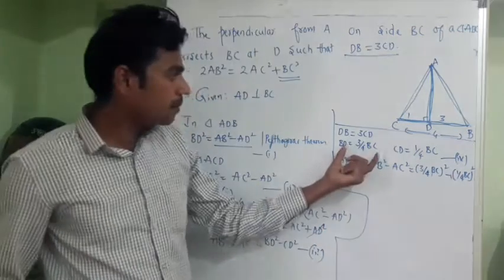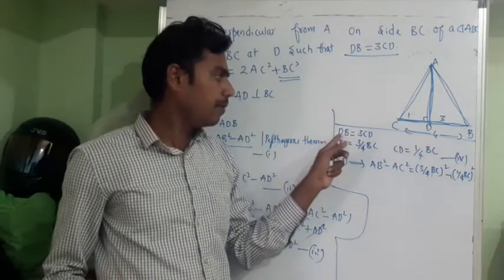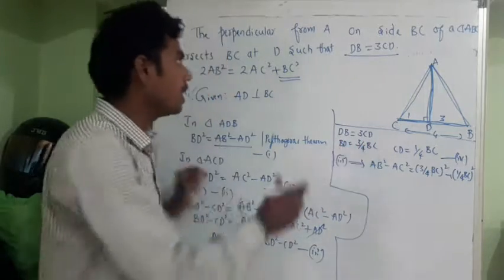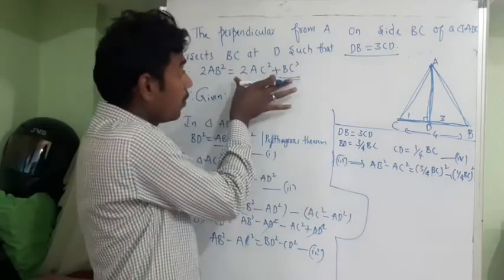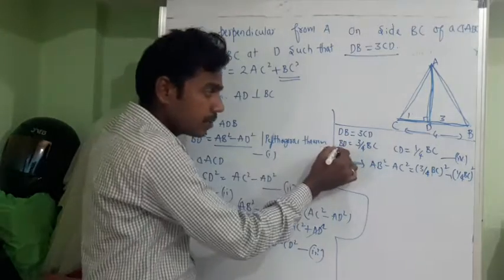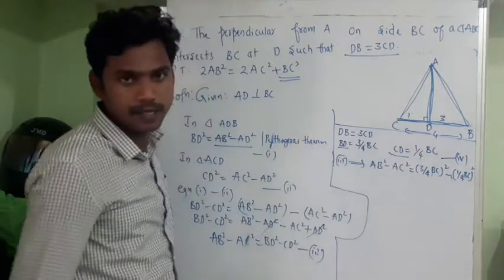See why I have expressed BD and CD in terms of BC: because I need BC in the proof part.